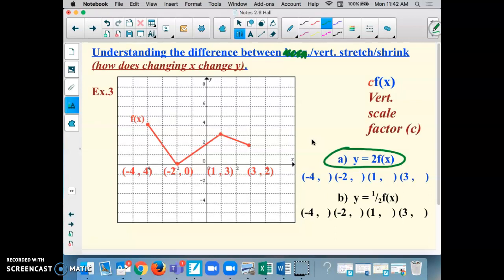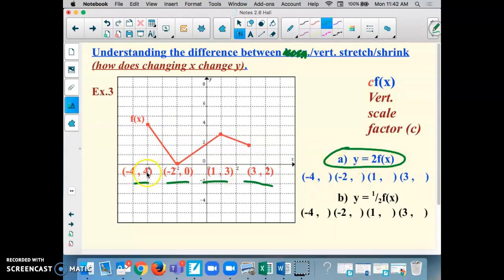So here's the points of this graph: -4, 4, -2, 0, 1, 3, and 3, 2 here in red. It's all sitting there. So if I multiply the entire function by 2, it is going to change our y values. So take 2 and multiply it to your y values.